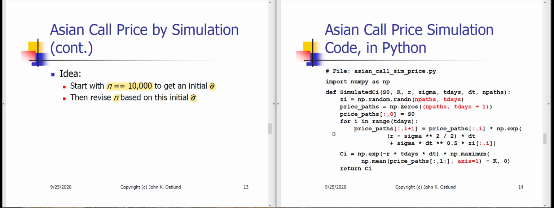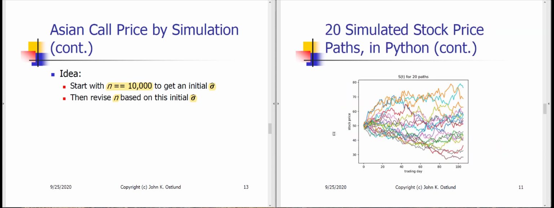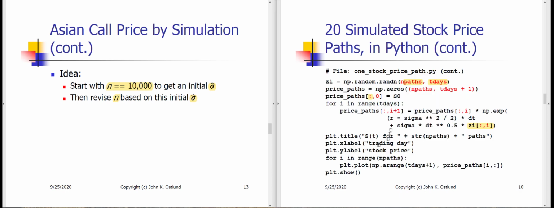Now, we had previously, let me flip back to the previous code that we looked at for plotting these paths, okay? We had previously created an array, a two-dimensional ndarray, of draws from the standard normal distribution. Each row was a path.